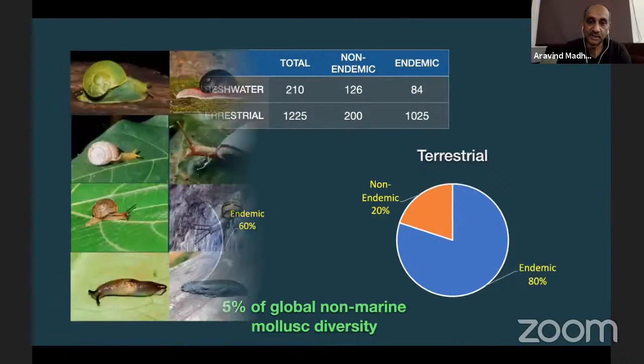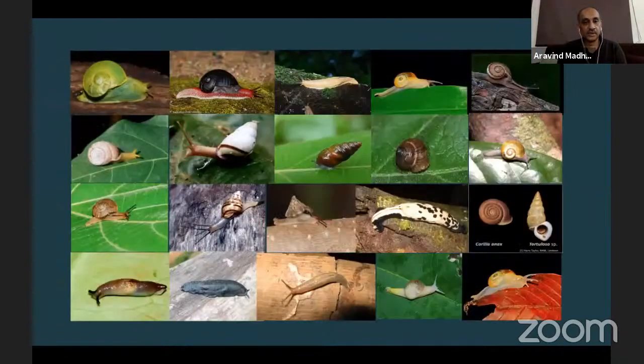If you look at this image, it shows the variety of shell forms that occur in the Western Ghats, from the green snail to the red one, which we call Indala ampulla, to a slug and semi-slugs on the lower panel, and so on.